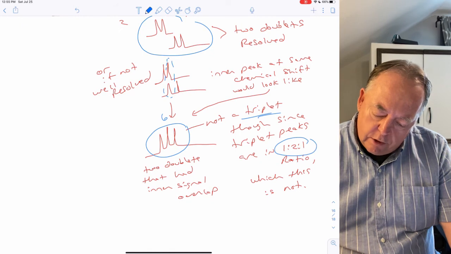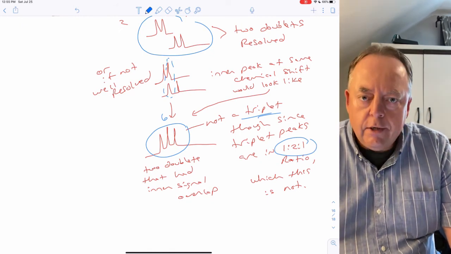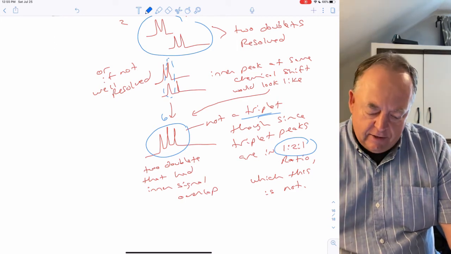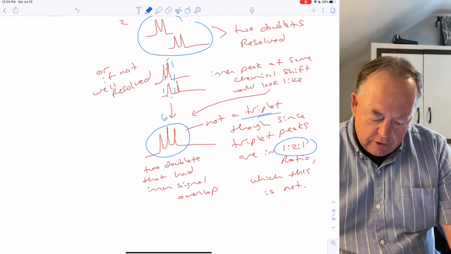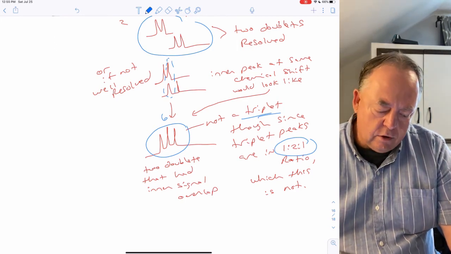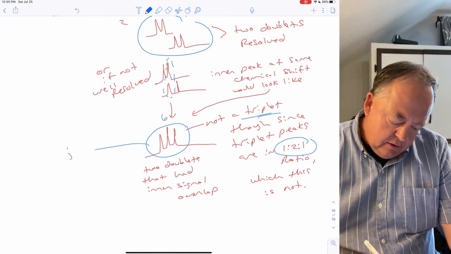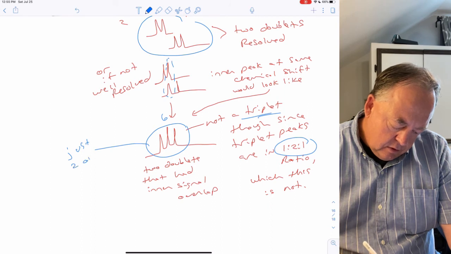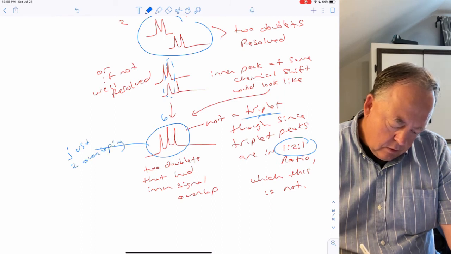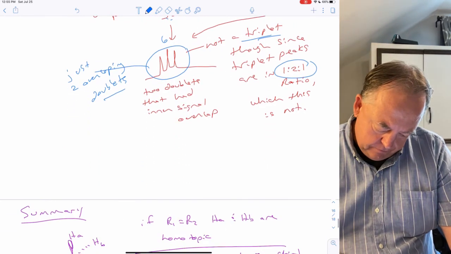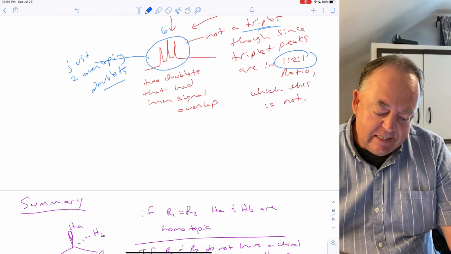Because a triplet's in a 1 to 2 to 1 ratio, and that's not a 1 to 2 to 1 ratio. So there are subtle clues like that that you have to look for that would help you figure out what the multiplicity of a signal really is. This is really just 2 overlapping doublets that have their inner signal overlapping.